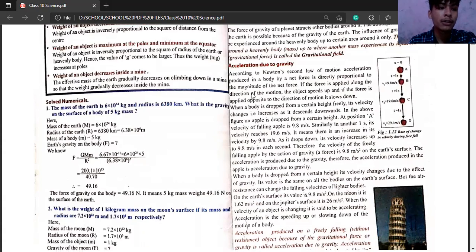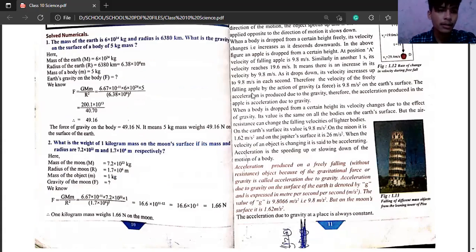If there were no gravity, the velocity would not change. Obviously, the body won't fall on the Earth surface, right? There would be no acceleration due to gravity, right? This is the factor why the acceleration due to gravity occurs.